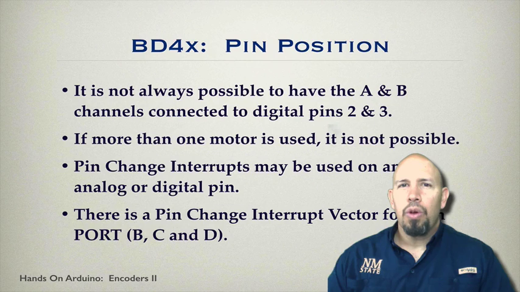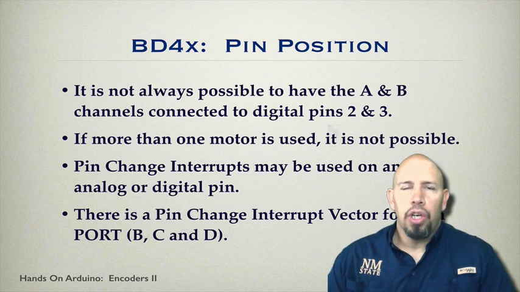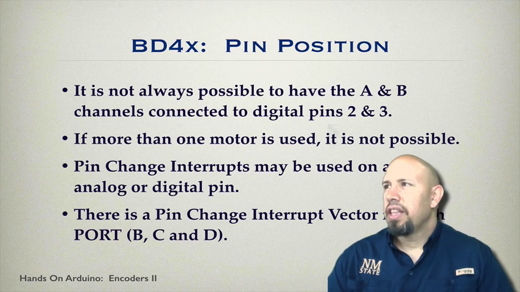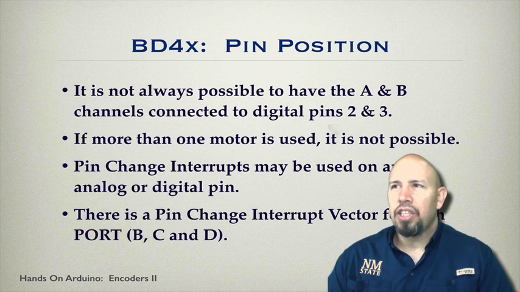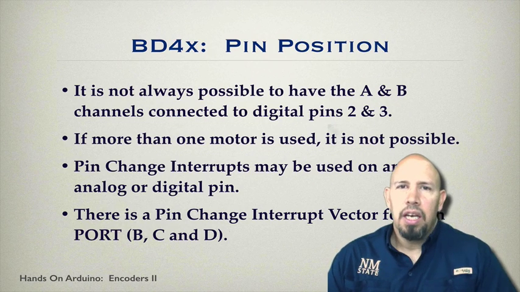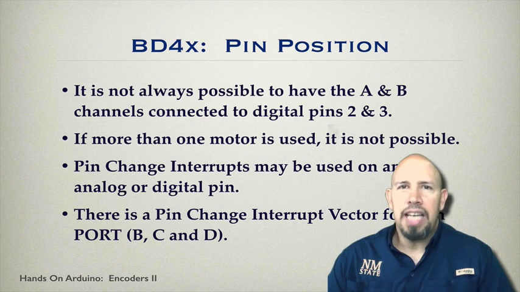So when you have an encoder connected to some channels, it's got to be connected to some I/O positions, and in general, it's not always possible to have the A and B connections connected directly to digital pins 2 and 3. It may be essential that they be attached elsewhere.